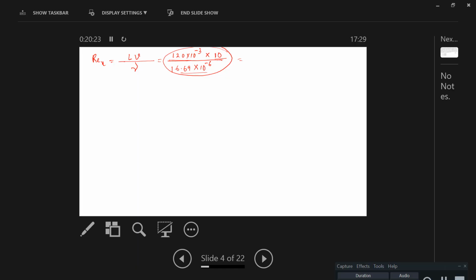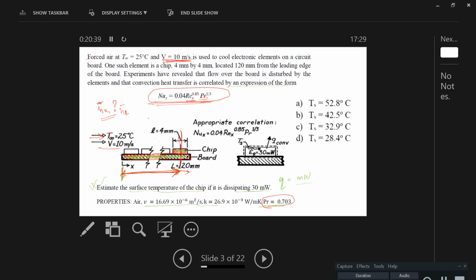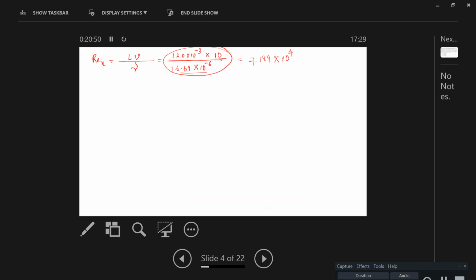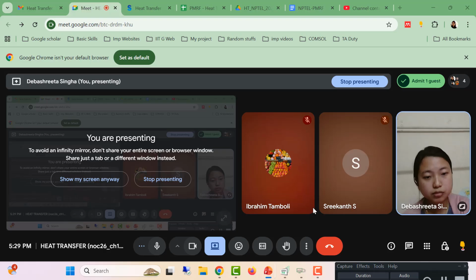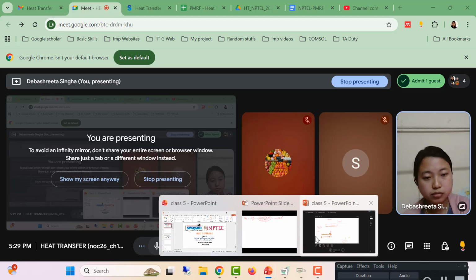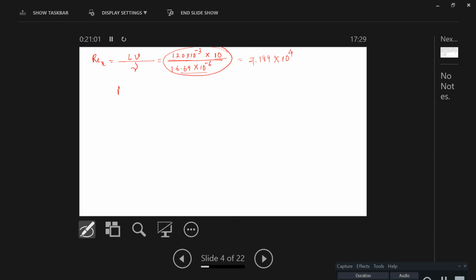So this will come out to be around 7 point something. Now we have got the value of Re_x at this location. Now we can calculate what is the Nusselt number.